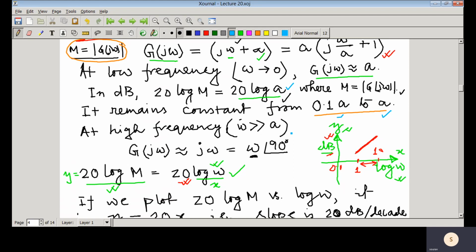At high frequency, the slope would be 20 dB per decade.